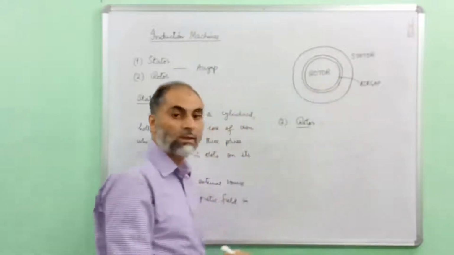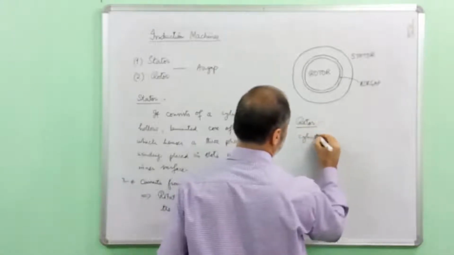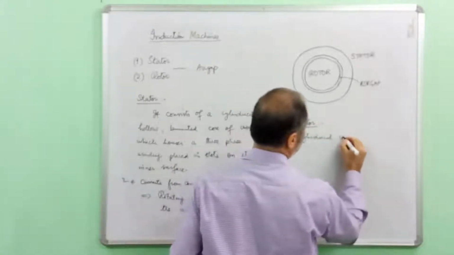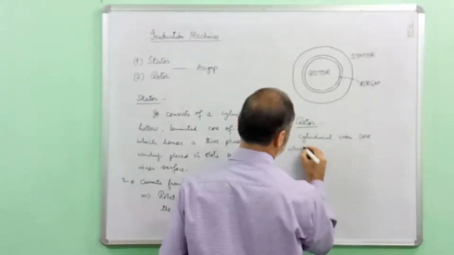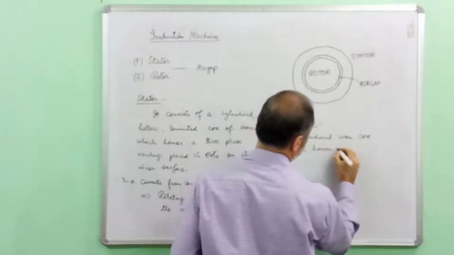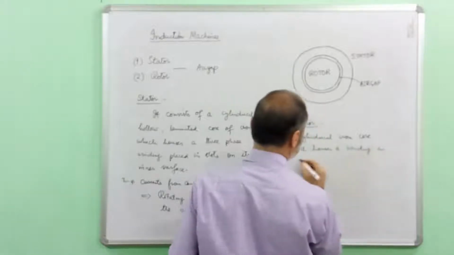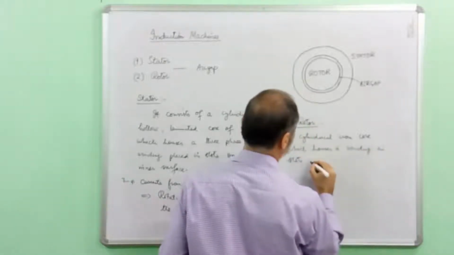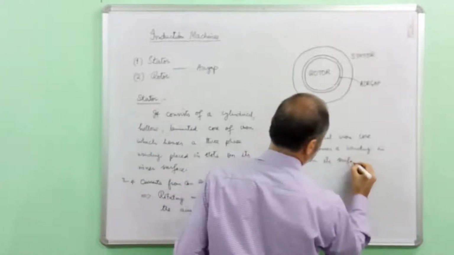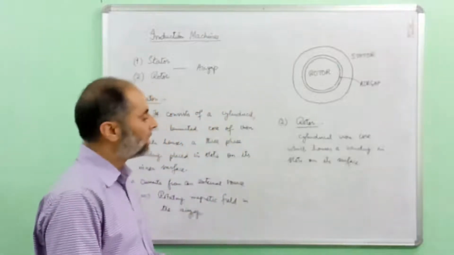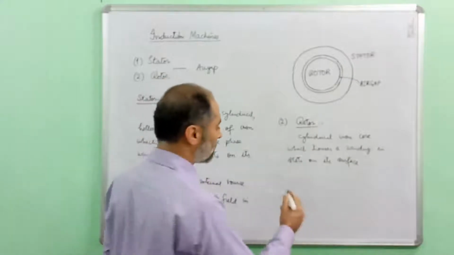The core is cylindrical, consisting of a cylindrical iron core, which again houses a winding in slots on its surface. Now, the rotor winding is not supplied from an external source.